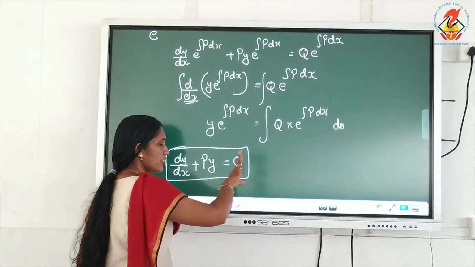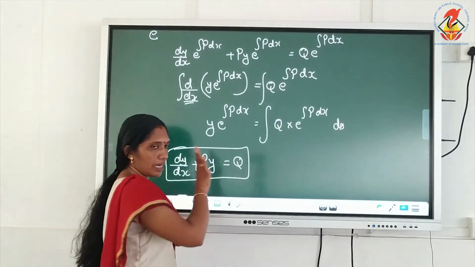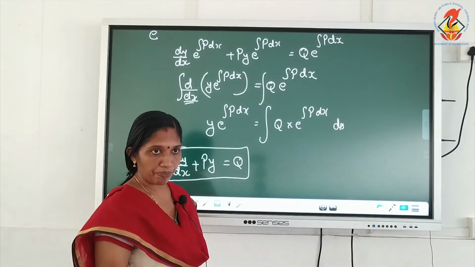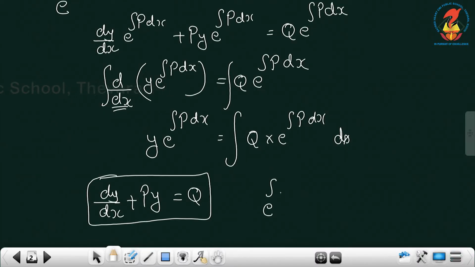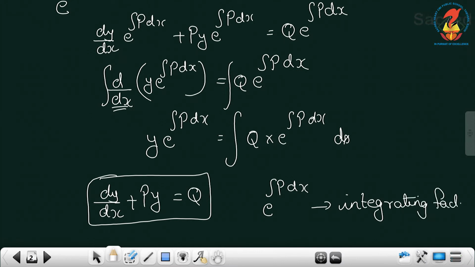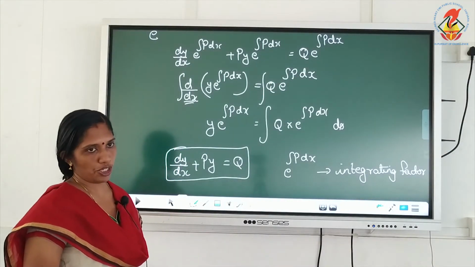So, if a differential equation is of this type, how to find the solution? The first step is you have to find e raised to integral p dx. This is known as the integrating factor. When we find this, it is very easy to write the solution.